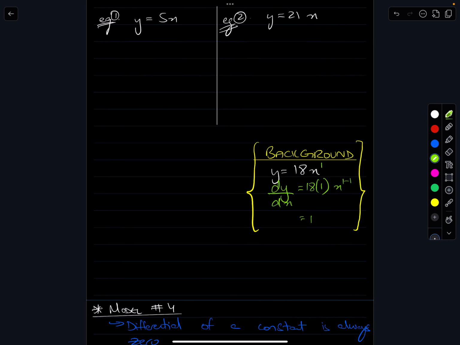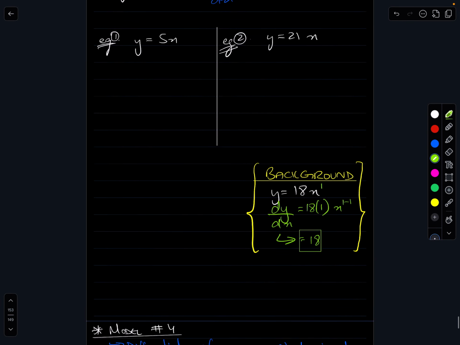So I have 18 x power 0, and x power 0 we all know is 1, and 18 into 1 is 18. So this is my derivative.